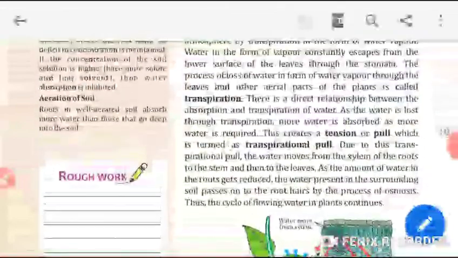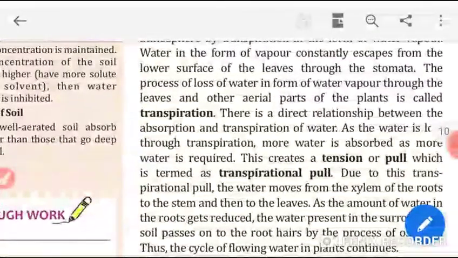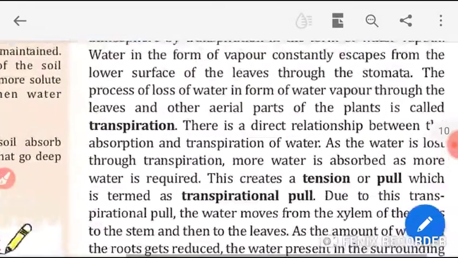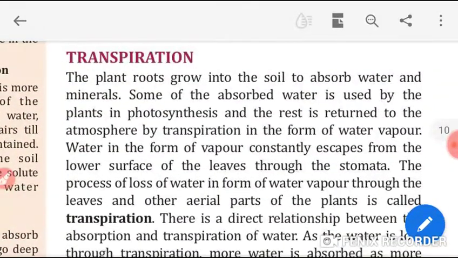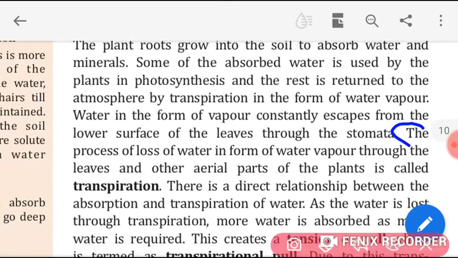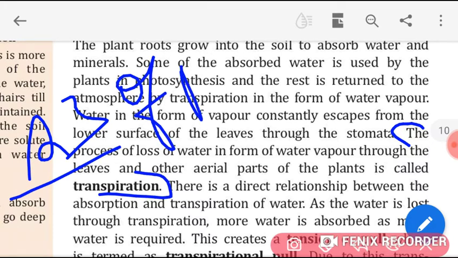Transpiration topic, sixth line. The process of loss of water in the form of water vapor through the leaves and other aerial parts of the plant is called transpiration. Up till here, this answer is answer number 3 of page number 12.